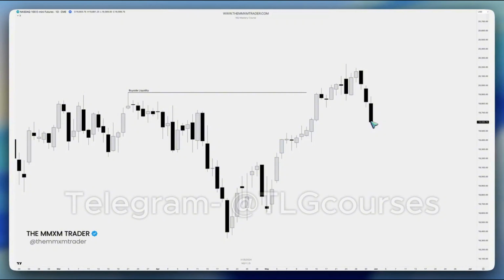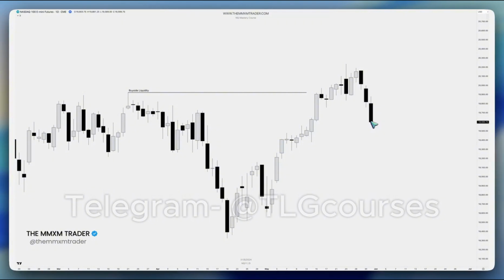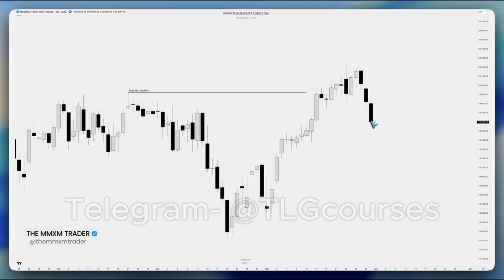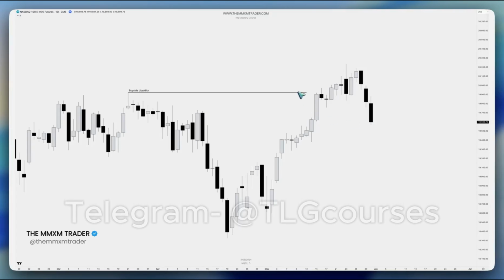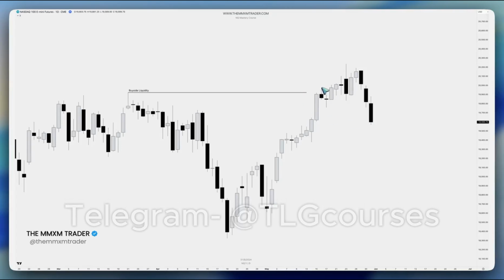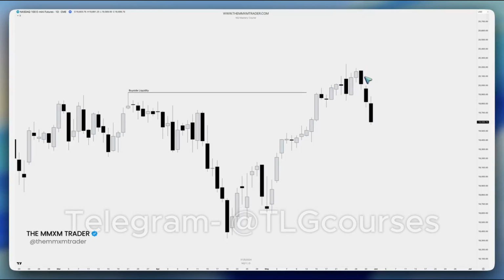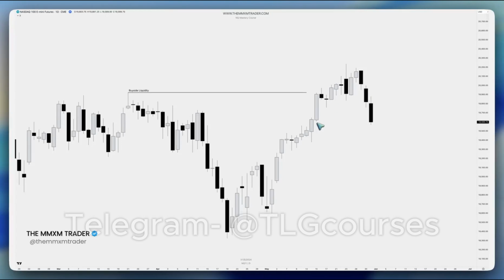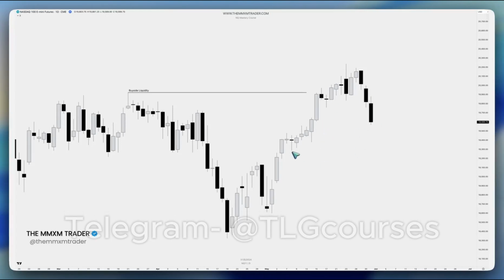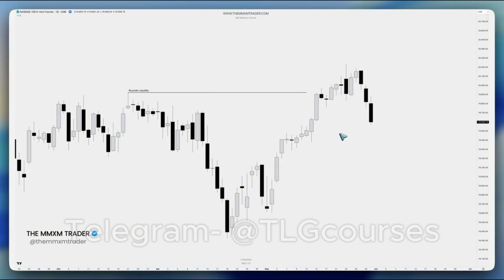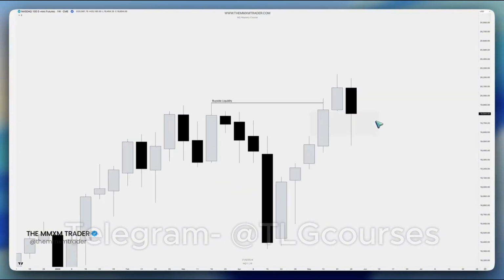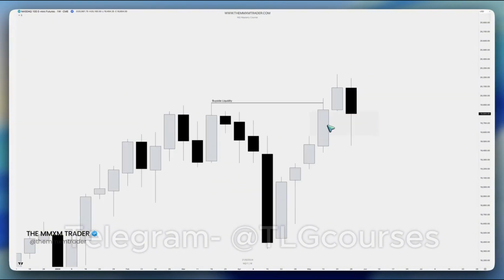If you were to look at price here, what do you see? You see buy side liquidity taken here. We run up above the high one more time, and then we see a massive expansion down. Fair value gap in here, potentially going to run out this low.